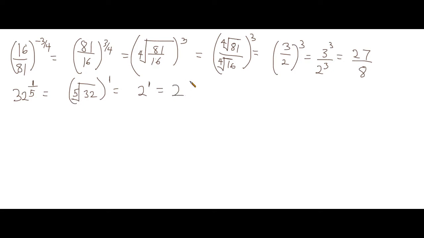Another example again, whereby we have 27 raised to power of 2 over 3. The denominator always comes down. This will be the cube root of 27 all raised to power of 2, and the cube root of 27 is going to be 3, all raised to power of 2, and this will be equal to 9.